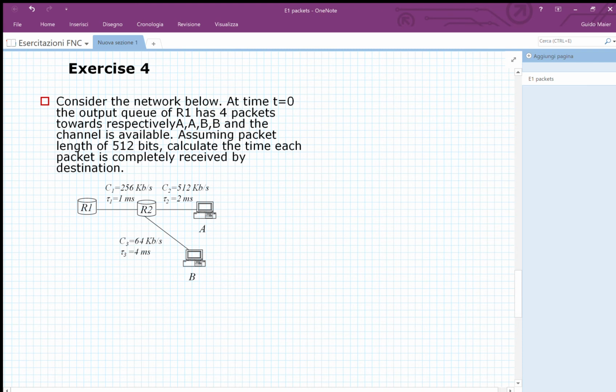The two output interfaces are independent, and also the output buffers, which will hold the packets, are different. And you have to take this into account while you are doing your analysis. And in this case, we have 4 packets that are transmitted by R2. The first 2 are going to A, the second 2 are going to B.